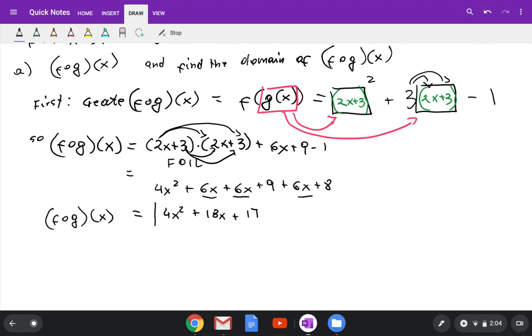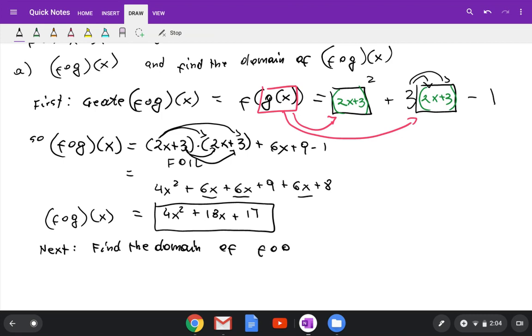So we have a composition. Now they want you to find the domain. Next, find the domain of f composed with g of x, which is the function 4x squared plus 18x plus 17.